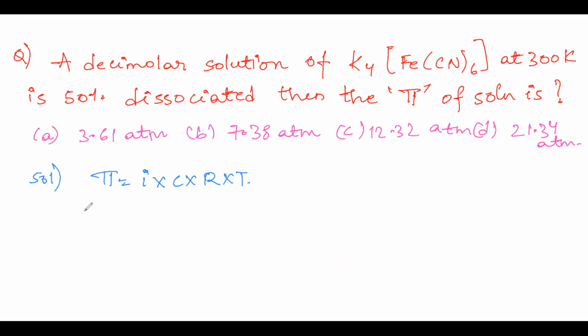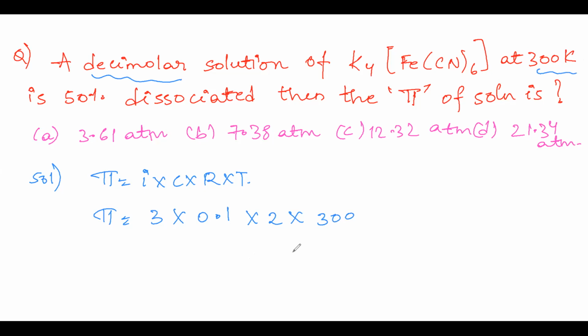So substituting, since i is equal to 3, pi is equal to 3 into 0.1 into R value into temperature 300 kelvins.